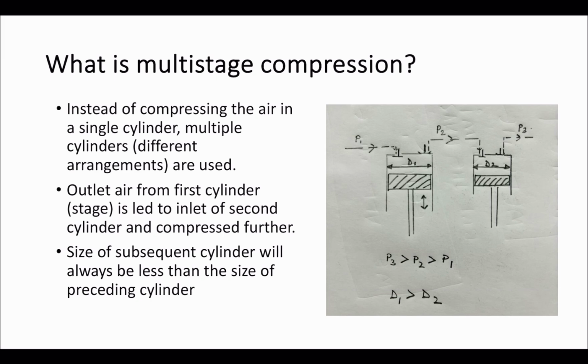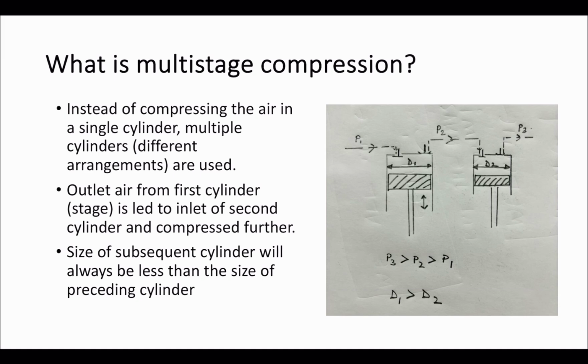So what happens is that instead of compressing the air in a single cylinder, multiple cylinders are used, that is, multiple stages are used. As you can see, air at pressure P1, let us assume that atmospheric pressure is P1, is drawn into the first unit which has a dia of D1, that is the cylinder dia, and then this air is compressed and brought to pressure P2.